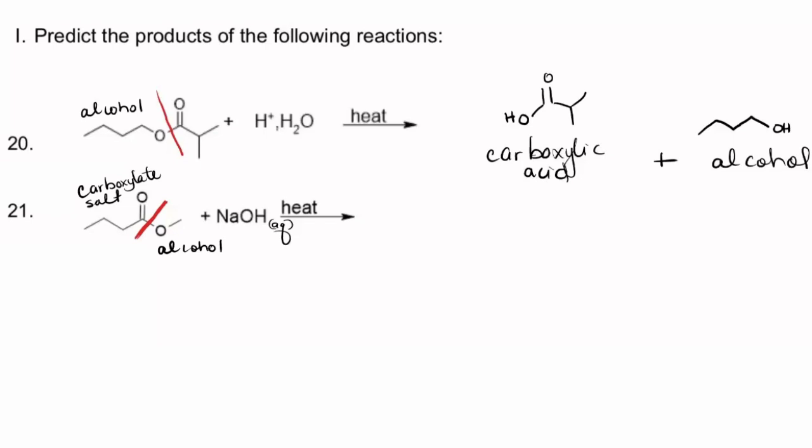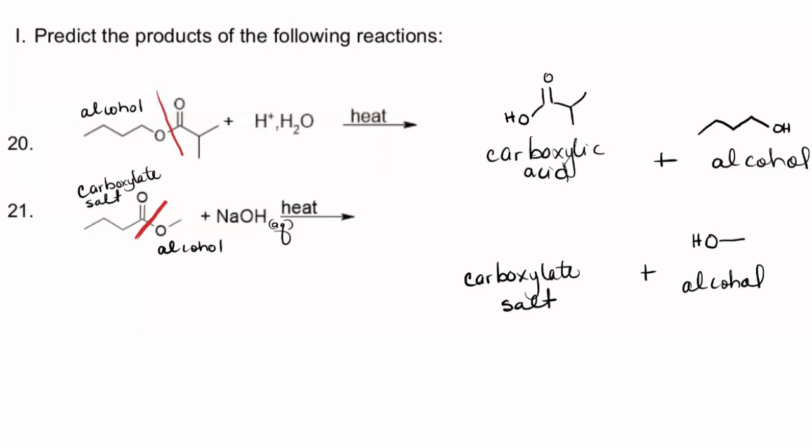And this is how we draw it. The alcohol is going to be oxygen bonded to that line. Remember that that line means that there's a CH3 there. And to draw the alcohol, I'm going to add a hydrogen to it.